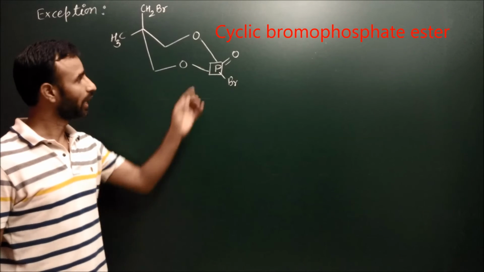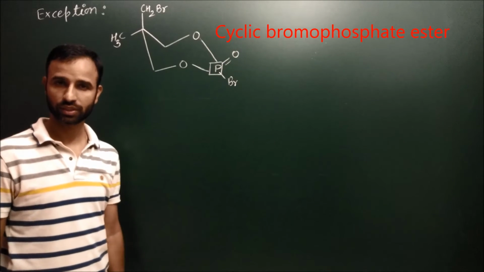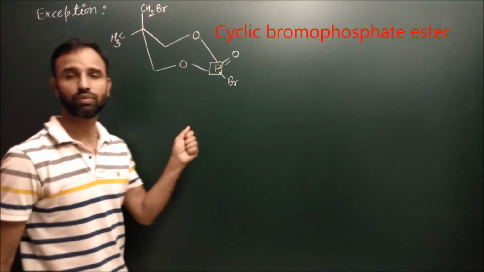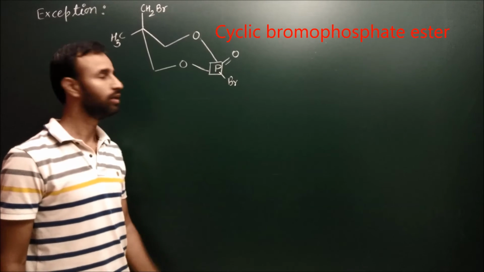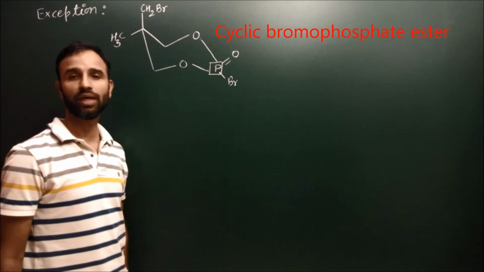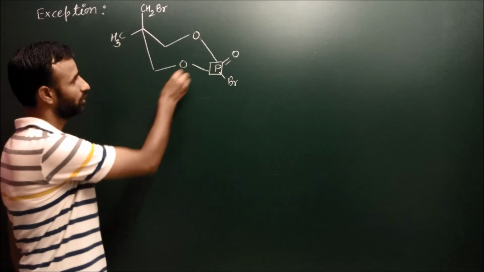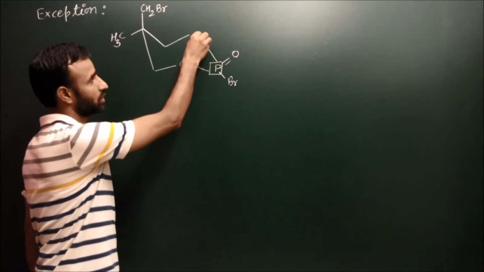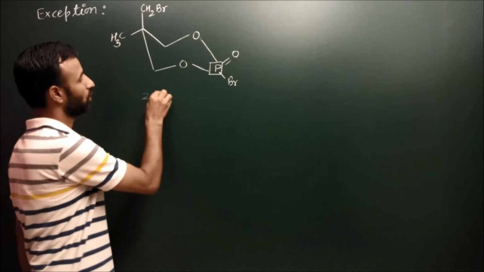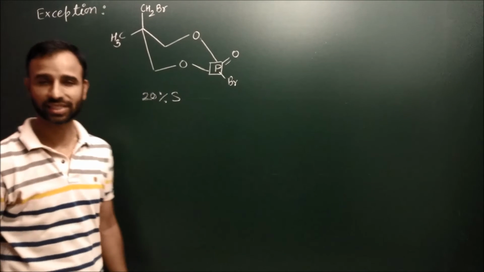Now, as phosphorus is attached to 3 oxygens and 1 bromine, oxygen is more electronegative, because according to Bent's rule, a more electronegative atom prefers to stay in orbitals having less S character. So as per expectation, these oxygens which are singly bonded to phosphorus have around 25% S character.